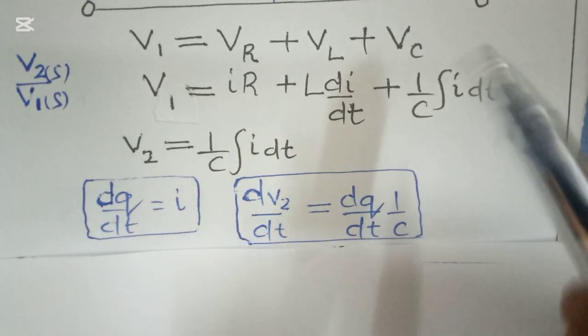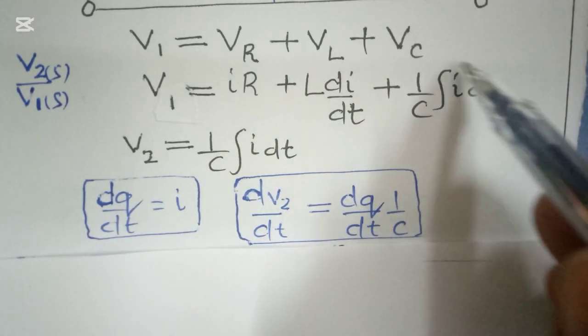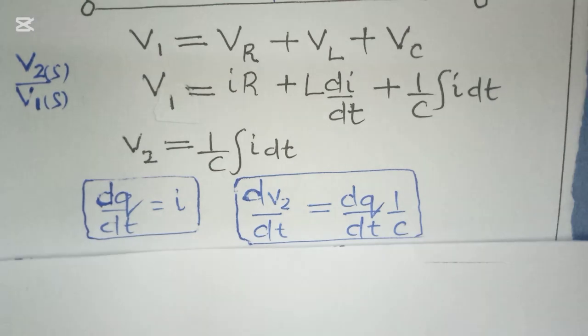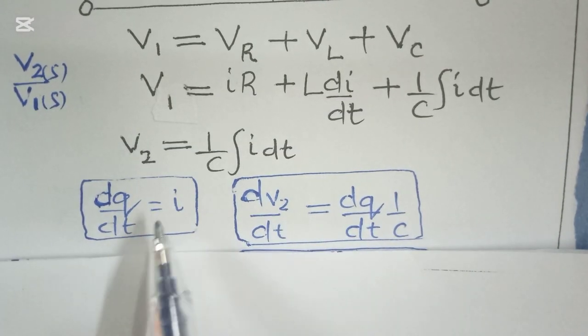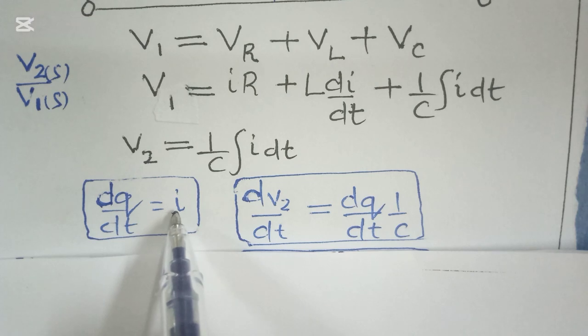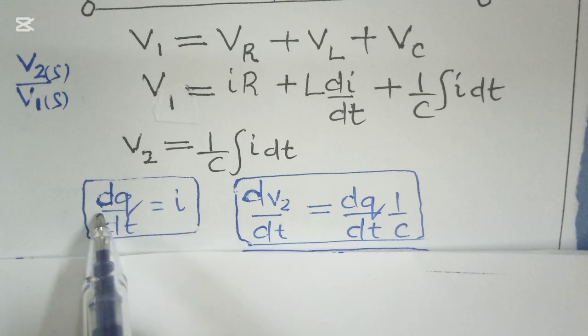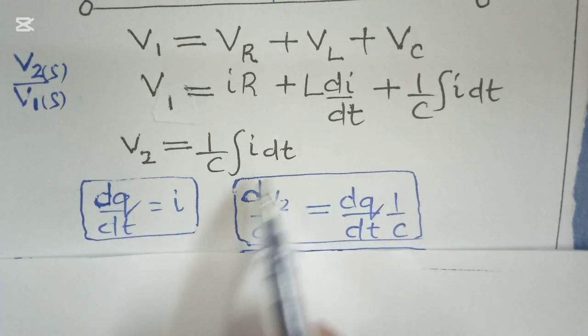One of the terms here is already V2. Now when we come here, we differentiate this side and this side, and we will have something like this.